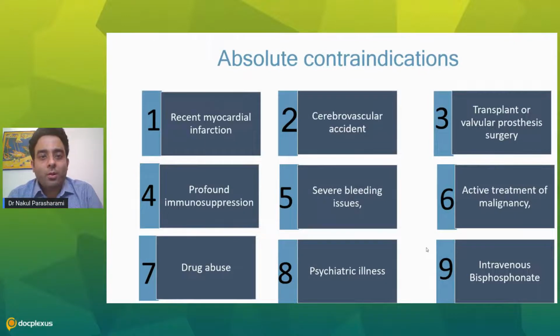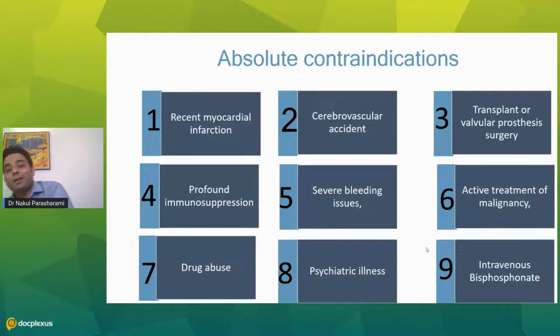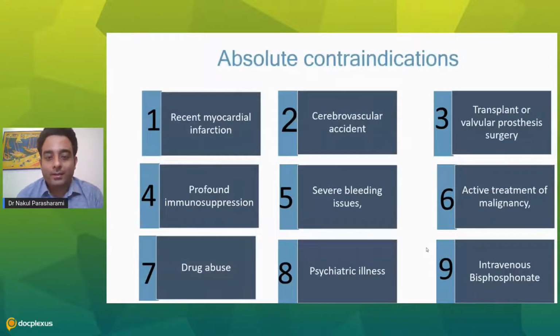So the absolute contraindications are recent myocardial infarction, cerebrovascular accident, transplant surgeries, profound immunosuppression, severe bleeding issues, active treatment of malignancy, drug abuse, psychiatric illness, and intravenous bisphosphonates. These are the absolute contraindications for dental implants. So, what do we do in patients who have these?